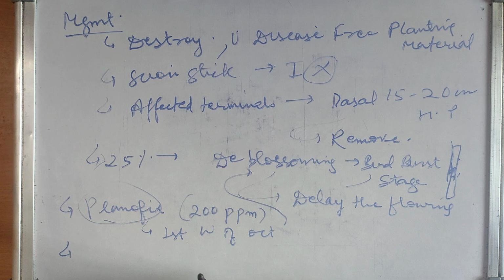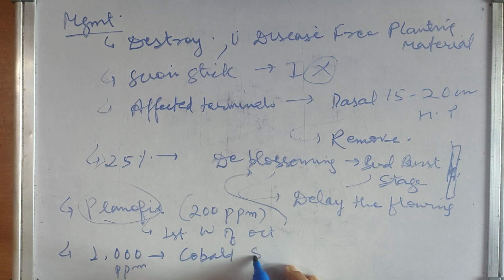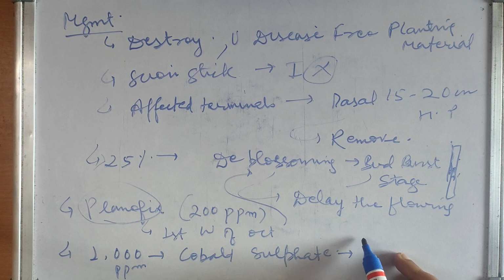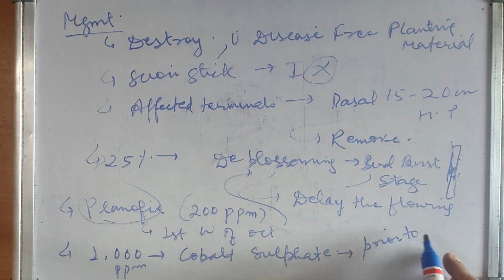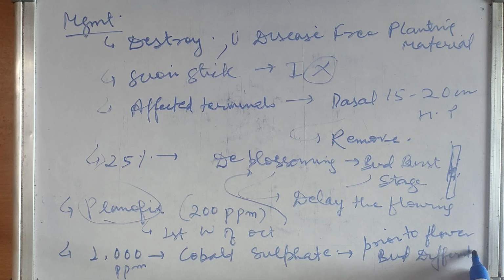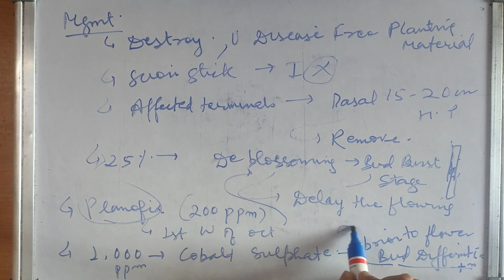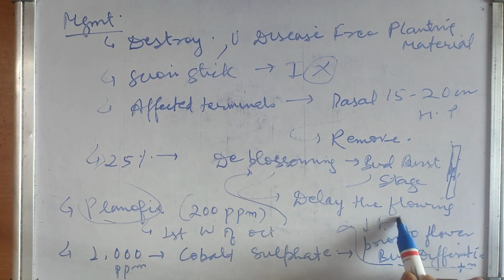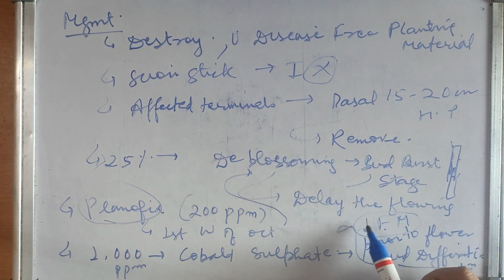A single foliar application of 100 ppm cobalt sulfate can also be sprayed prior to flower bud differentiation, and this can be done to reduce floral malformation, that is on panicles.